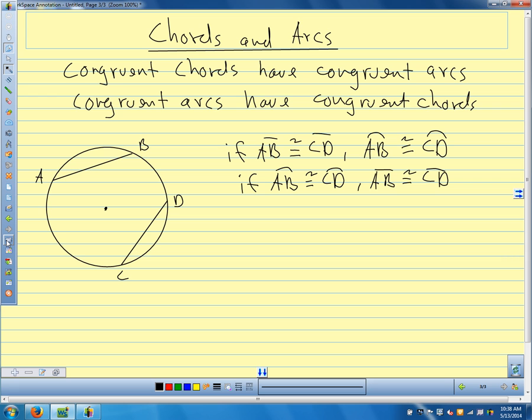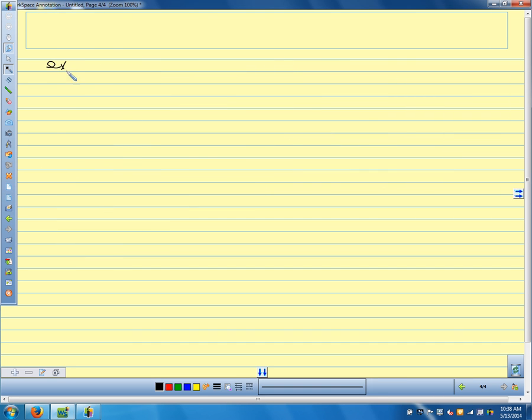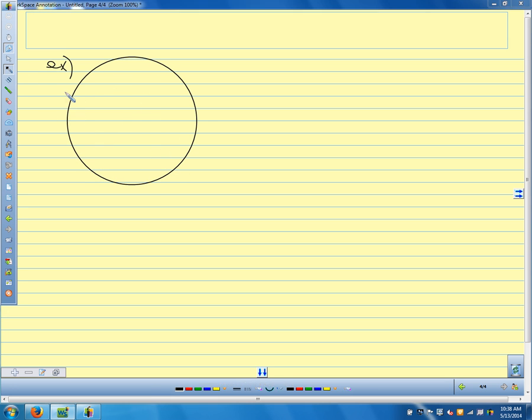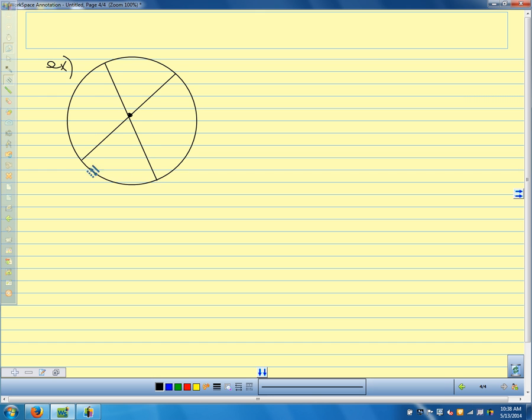So let's look. I just want to draw a picture, and we want to see what all the things we can figure out from the information that we have. So here's our example. Here's the center of our circle, and we draw in some diameters and some chords.